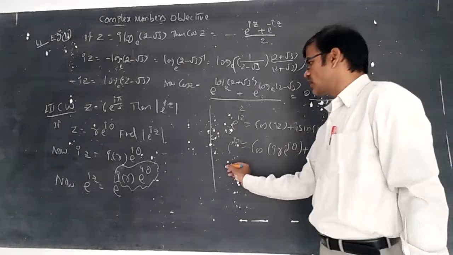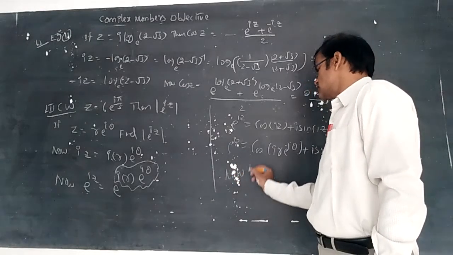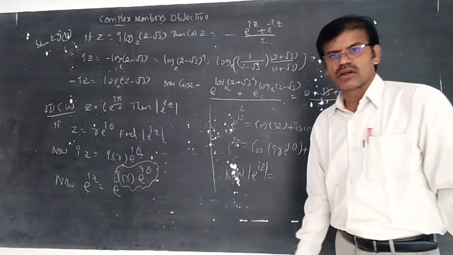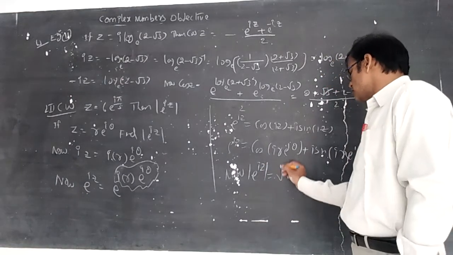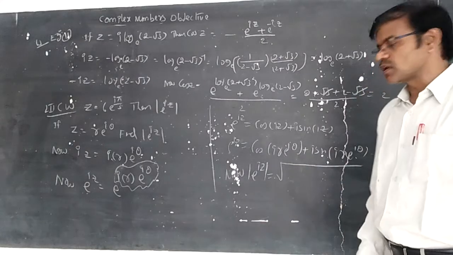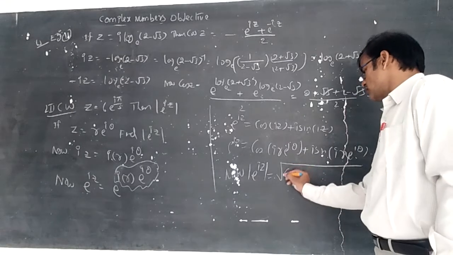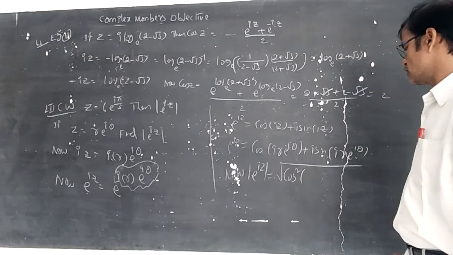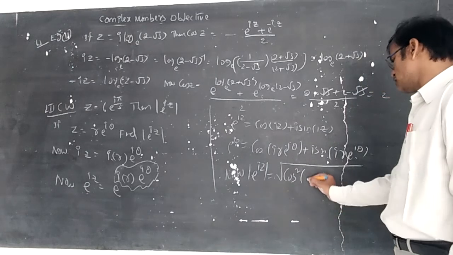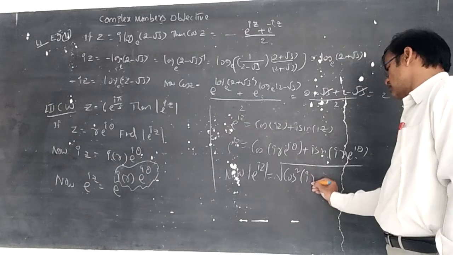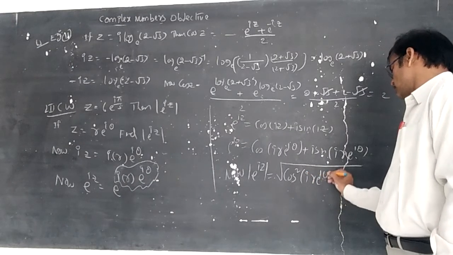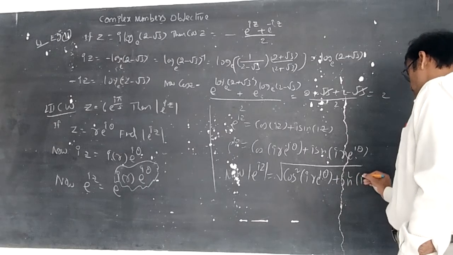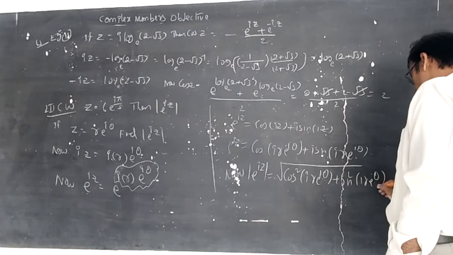Now modulus of e power i theta. For this one we need to calculate modulus. Modulus meaning root of component square plus component square. Root of cos square of (i into r e power i theta) plus sin square of (i into r e power i theta).